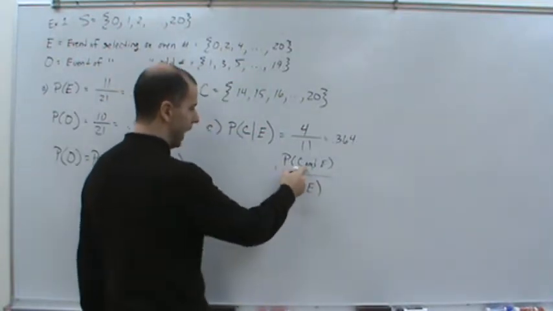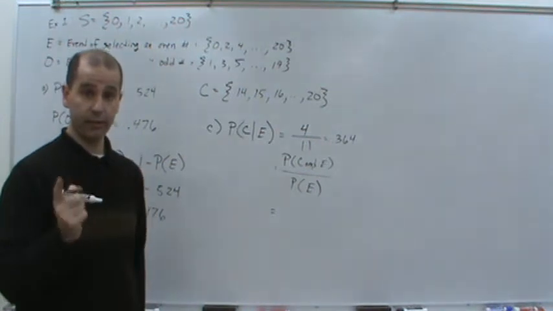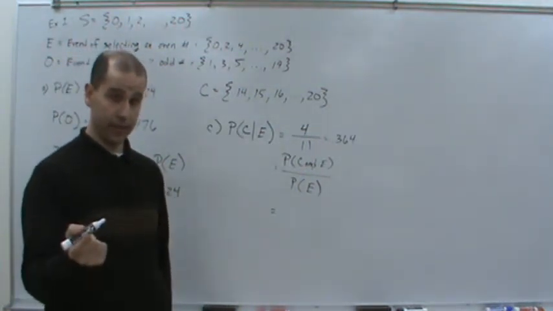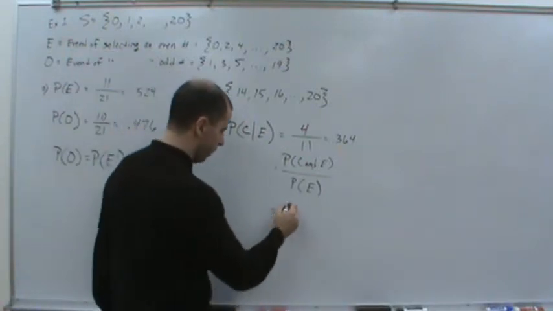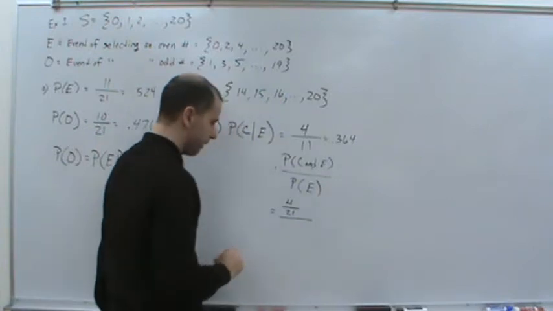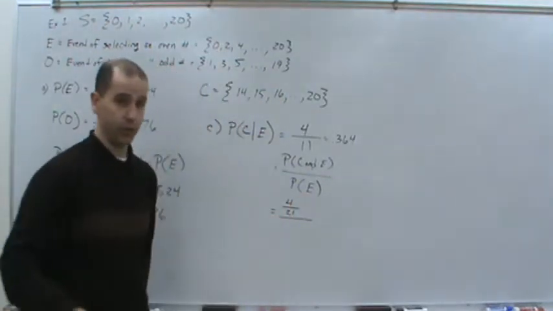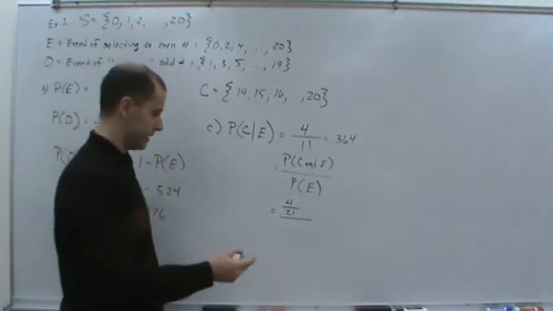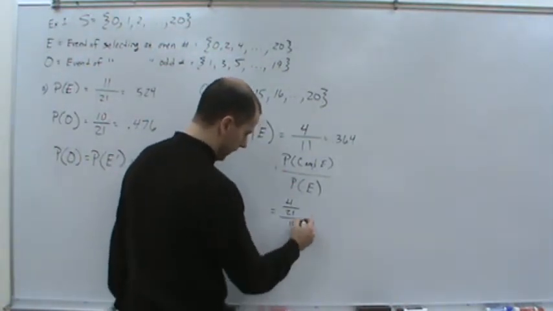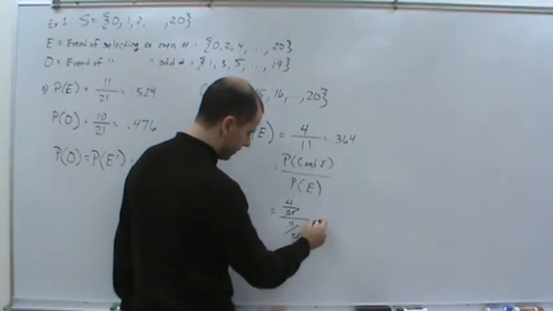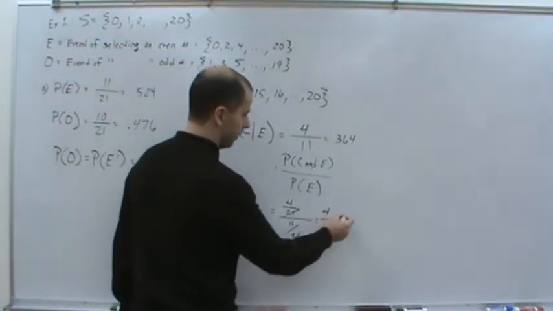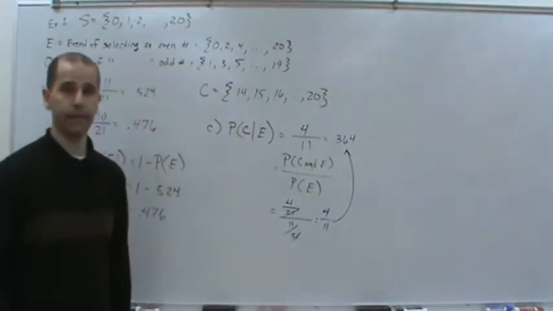That's how many outcomes give both an even number and a number bigger than 13. That's 4 out of 21. Divided by the probability of E, which is 11 out of 21. The 21s cancel, and I end up with 4 11ths, which is the same thing.